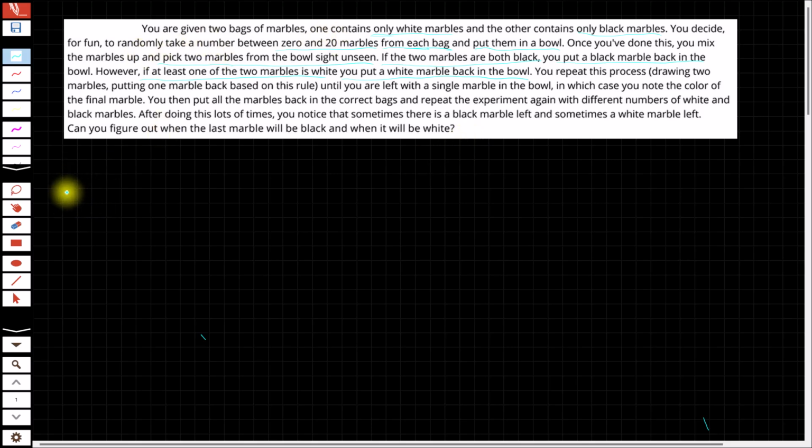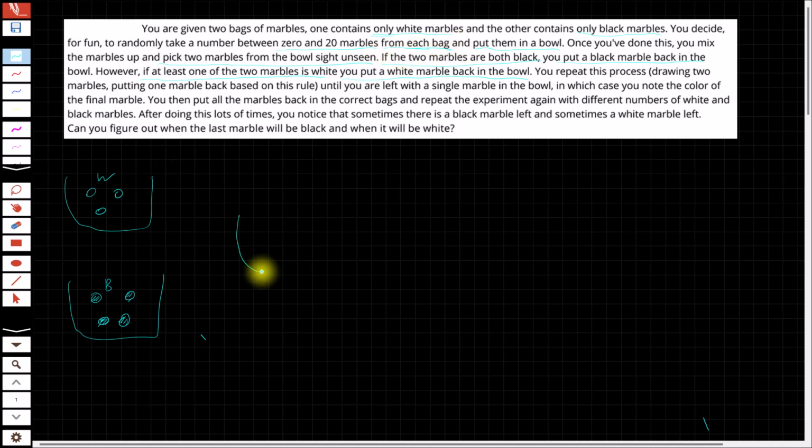We're given these 2 bags of marbles. One contains only white marbles and the other contains black marbles. We randomly take a number between 0 and 20 marbles from each bag.